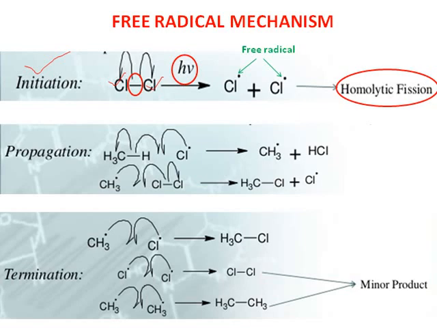Now I have taken the methane molecule, which will react with the chlorine molecule. The chlorine molecule is now converted into the chlorine free radical. This chlorine free radical will react with the methane molecule in the propagation step. In this propagation step, the carbon-hydrogen bond of the methane molecule undergoes homolytic bond cleavage, and the hydrogen free radical combines with the chlorine free radical to produce HCl, and we get the methyl free radical having one unpaired electron.